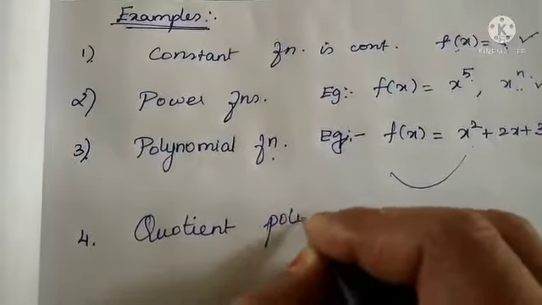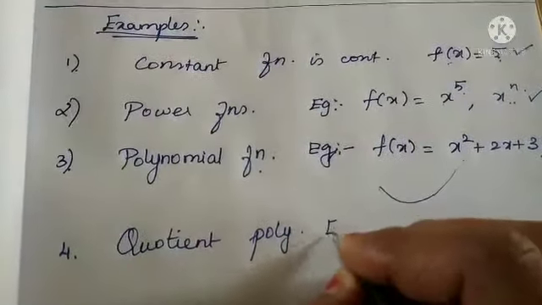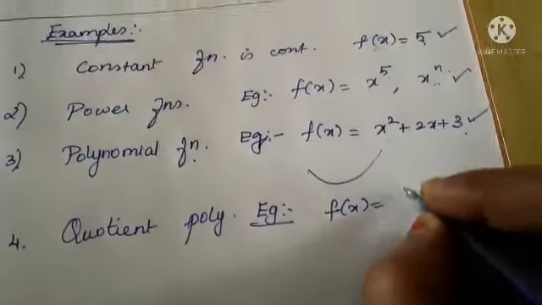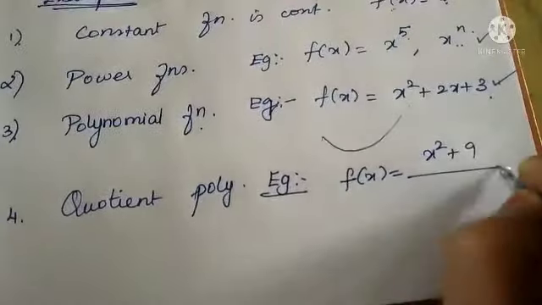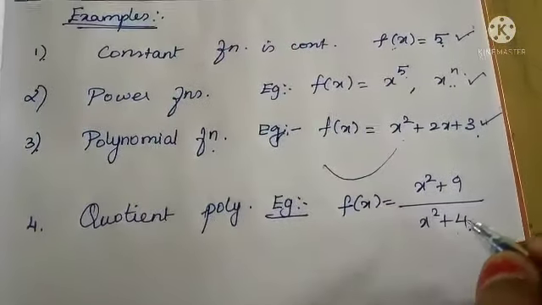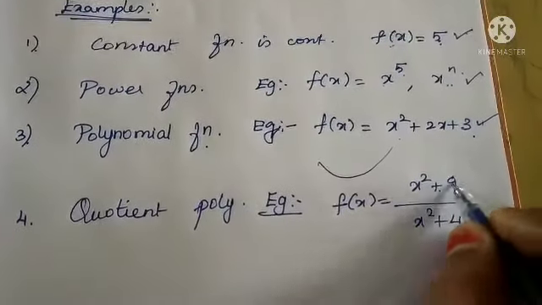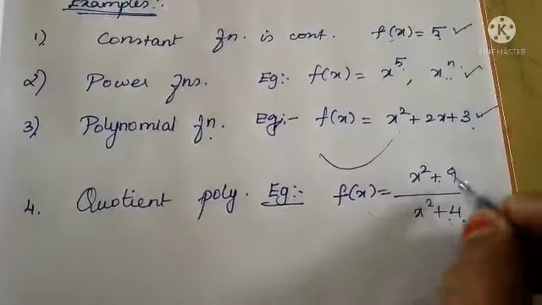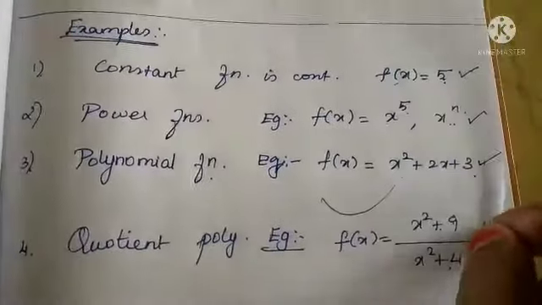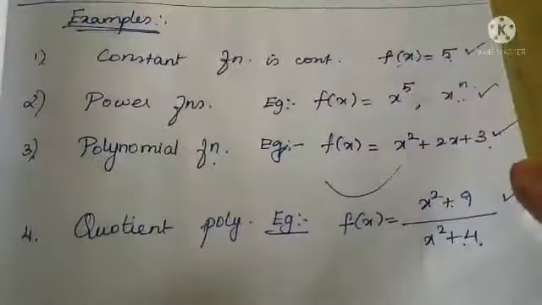Quotient polynomials are also continuous. If you want to see some example, f of x is equal to x square plus 9 by x square plus 4. So even if a fraction formula like this comes, the quotient polynomial function is also continuous. This is your fourth example. Now let us see the fifth example.